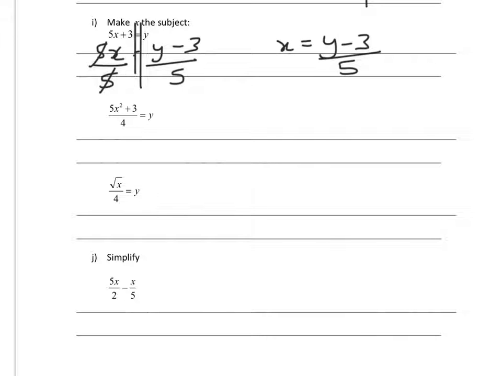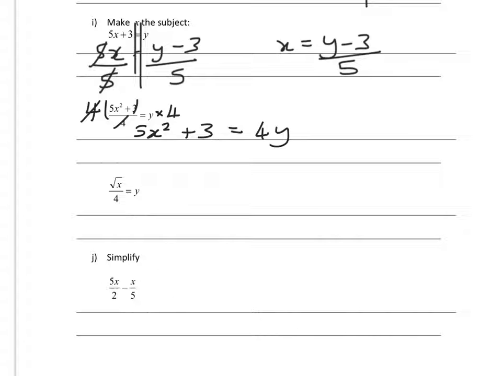Just quickly, I need to get rid of the 4, so I'm going to times each side by 4. Usually when we have a fraction, it's good to think of it as in brackets. So times by 4 will cancel my 4s. So I'm left with 5x squared plus 3 equals 4y.